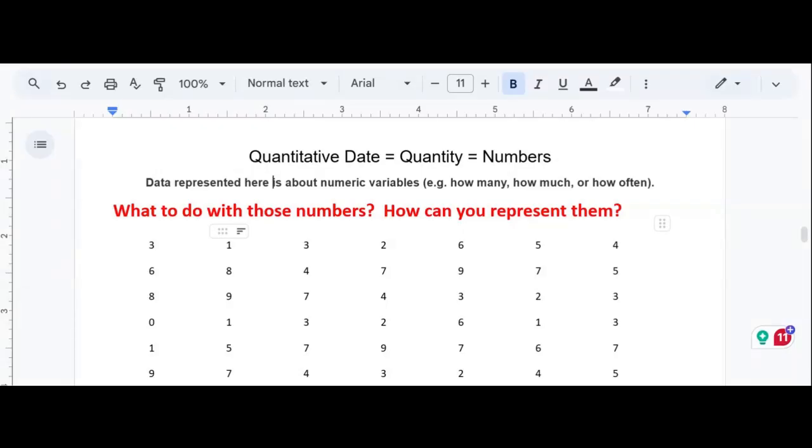So what to do with those numbers? How can you represent them? Write it from your mind, from what we learned from the beginning of the lesson to now. I gave you some ways to measure data.